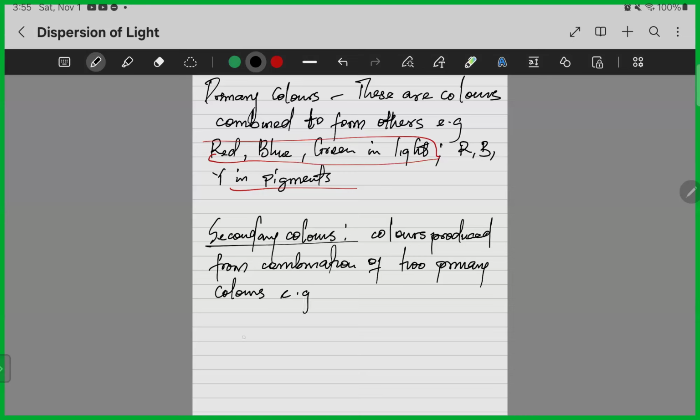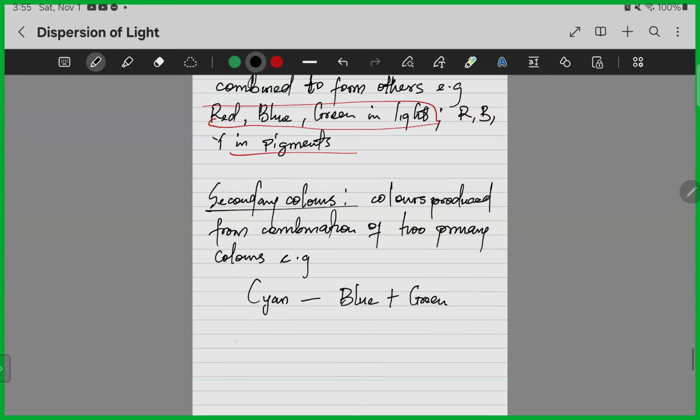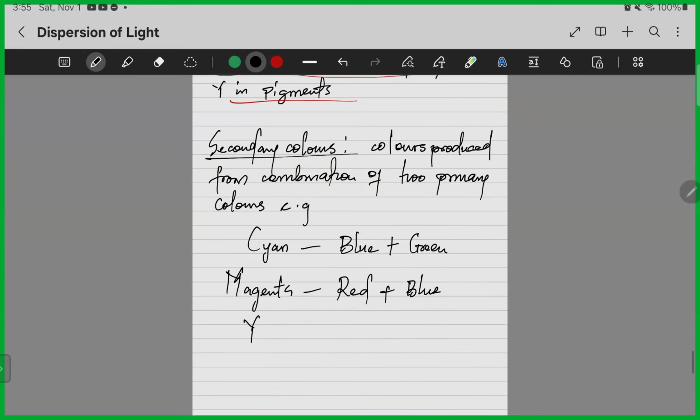Example is cyan. You get cyan by combining blue plus green. You have magenta. Please, these ones are important OBJ questions. They can even be asked in theory. Red plus blue gives you magenta. Yellow comes from red plus green.